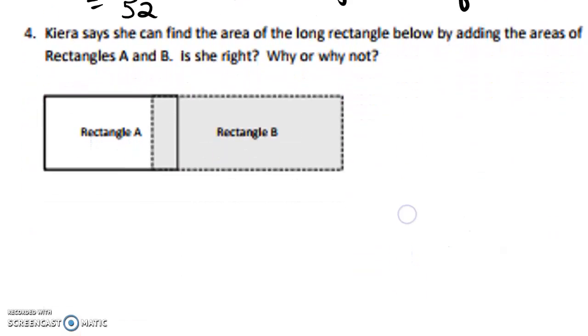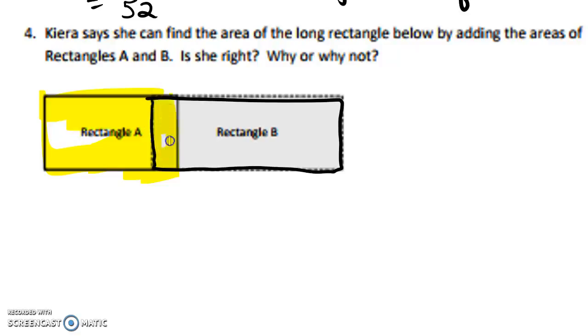Kira says she can find the area of the long rectangle below by adding the areas of rectangles A and B. Is she right? Why or why not? Okay, so rectangle B is this dotted line. And rectangle A is this yellow part.